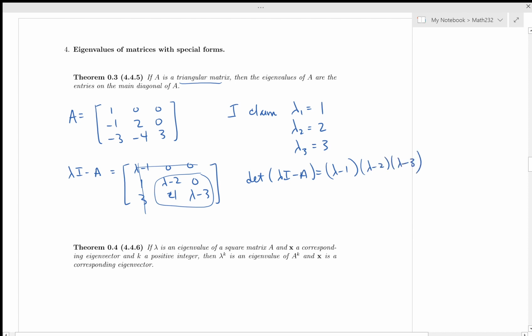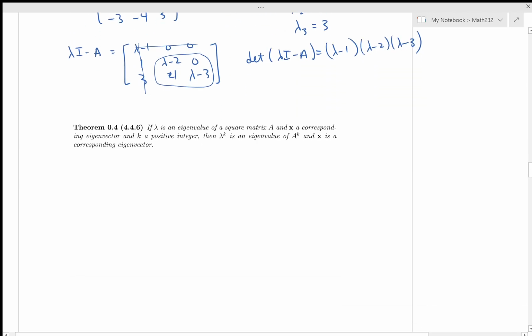When I set that equal to 0, I do get those eigenvalues that I claimed. So that's that in action. The triangular matrices are also very nice.